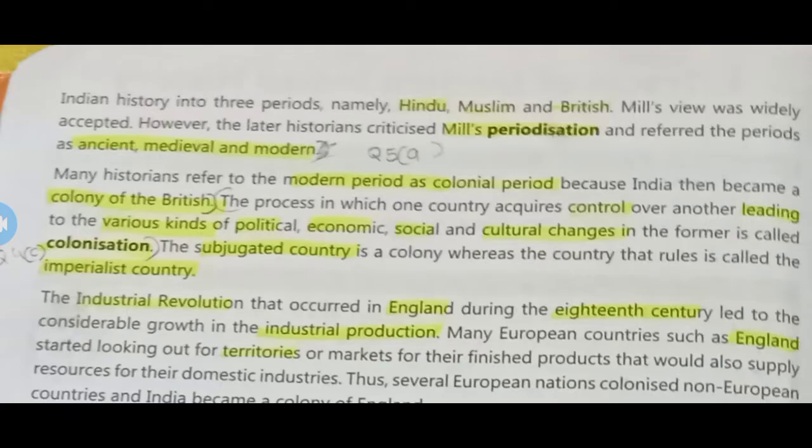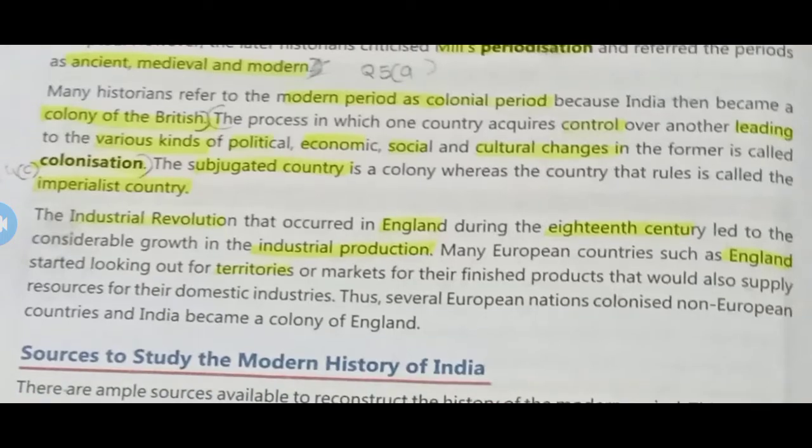Now, the Industrial Revolution. The Industrial Revolution occurred in England. It was a change which occurred in England during the 18th century.